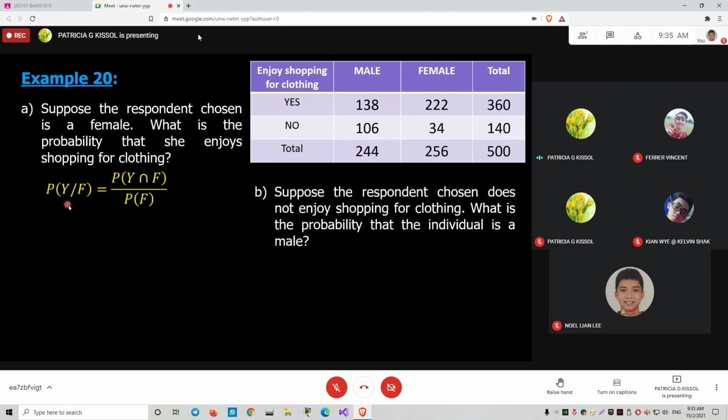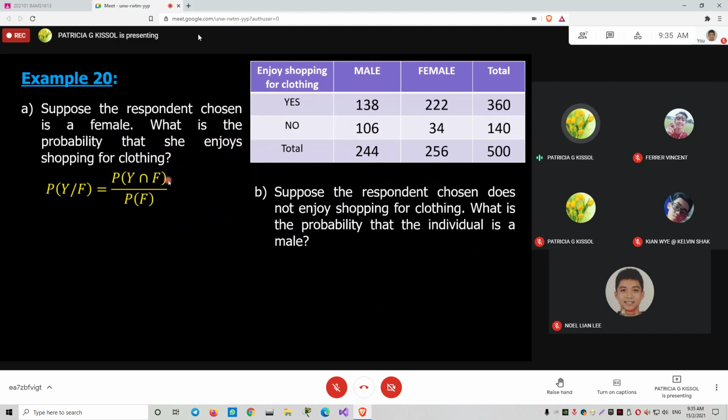Based on the conditional probability formula, yes and female is our numerator, and the denominator is based on what is given, and the given is female. So checking the contingency table, what value do you think Y and F is? 222. Yes, correct.